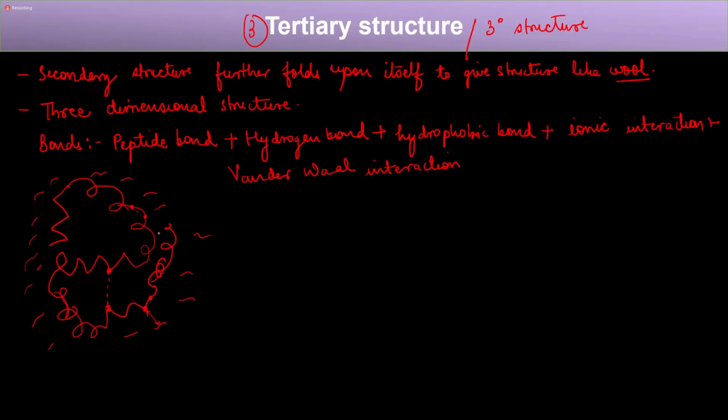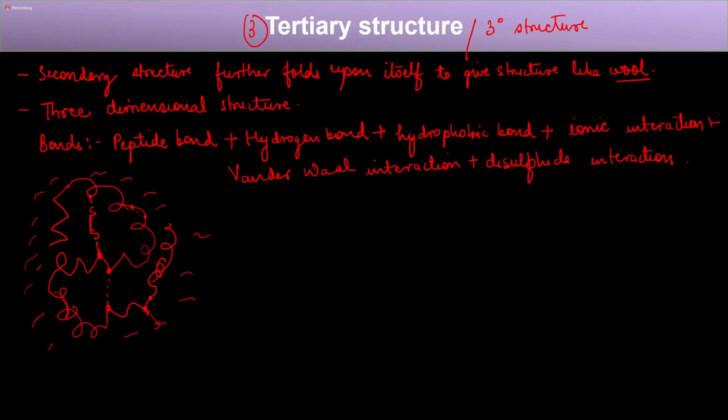And suppose it has a sulfur containing amino acid, that is cysteine, we know, right? So suppose it has cysteine here, so it will have sulfur. Similarly, here also this amino acid is cysteine, it also will have sulfur. Then they will form disulfide interaction. So these are all interactions that are present in the tertiary structure of a protein.